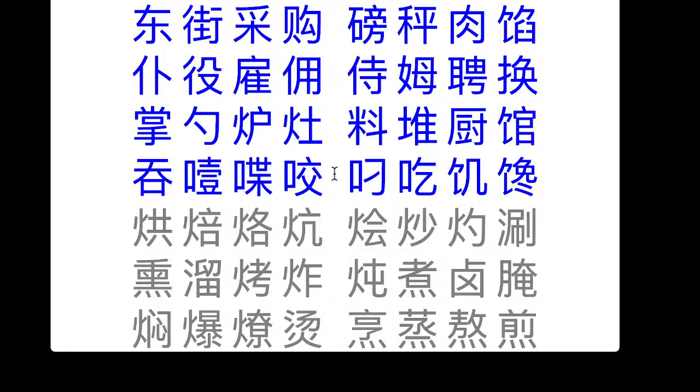So the person maybe gets very hungry and is busy eating. 雕吃饥馋 means you are holding some food in your mouth. 吃 means eat. 饥 means hungry, 馋 means not necessarily hungry, but you just like to eat. So this is talking about somebody who is really hungry or just likes to eat and is busy eating. That's what the sentence means.